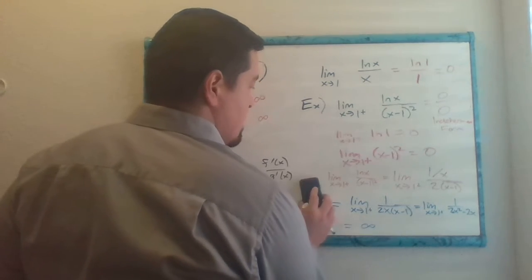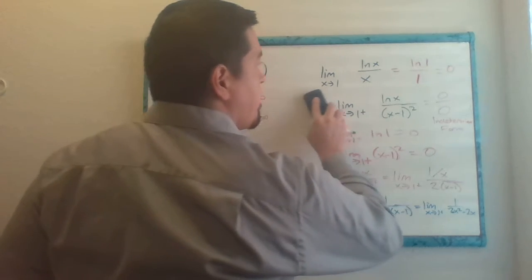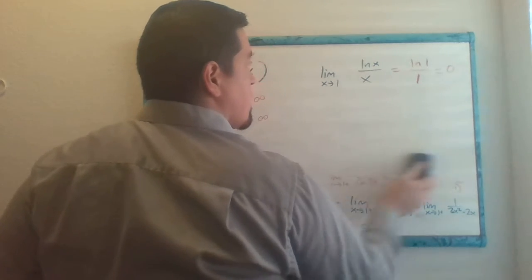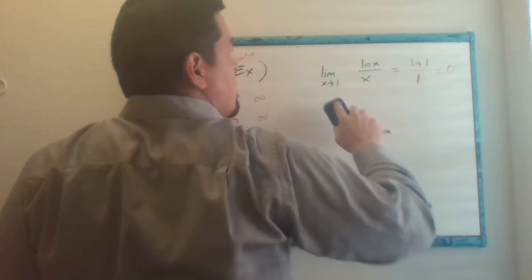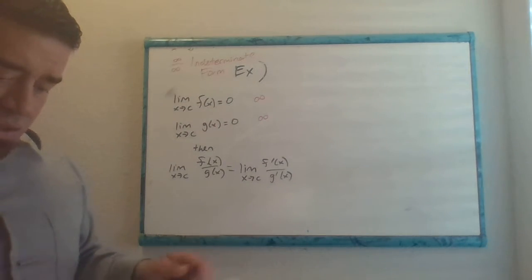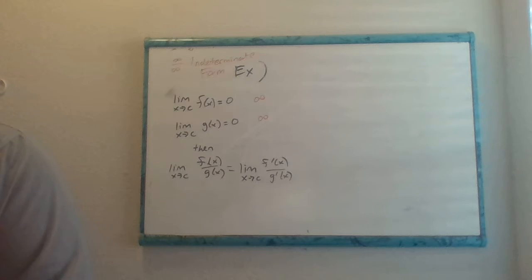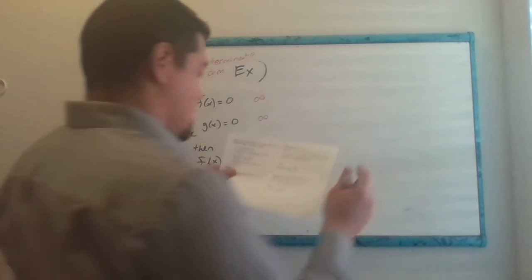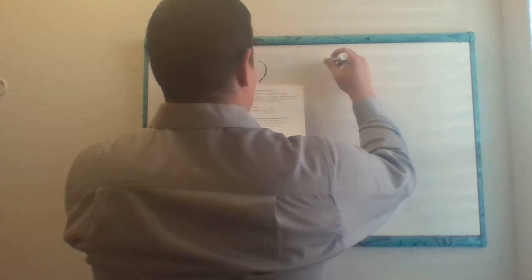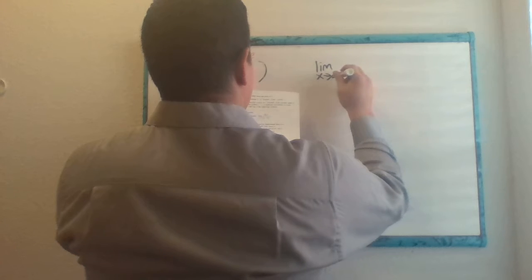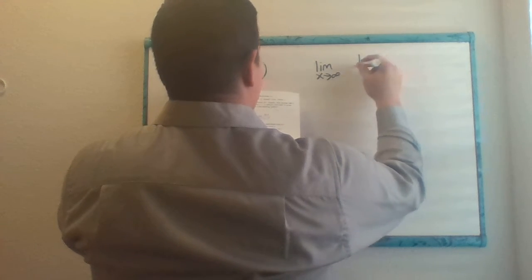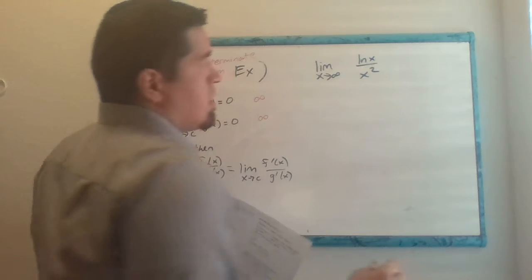Okay, so that's another instance of L'Hopital's rule. Let me get into some more detail on this. So let's try the last one, which is the limit as x approaches infinity of natural log of x over x squared.